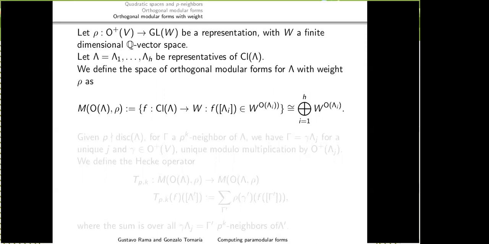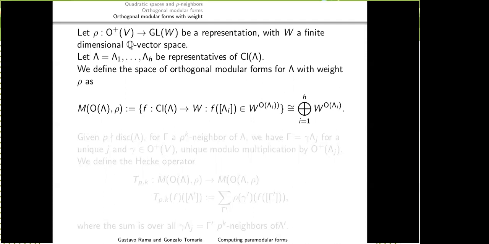But now we take that F takes elements from the class set of lambda to W. And we ask that the image of the class of lambda y is in the fixed subspace of W by the action of the automorphisms of lambda y.